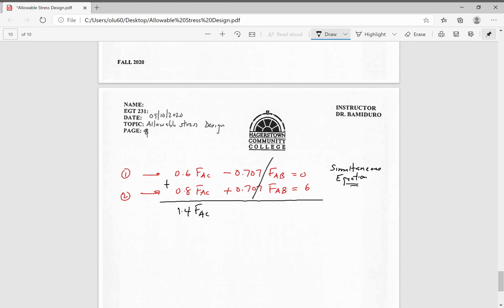These two go to 0, equals 6. Therefore 1.4 FAC equals 6 kilonewtons, and FAC is going to be 6 kilonewtons divided by 1.4, equals 4.286 kilonewtons.